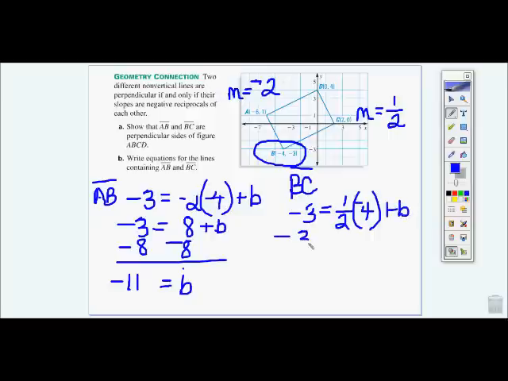Let's simplify. -3 equals half of -4, which is -2, plus b. Add 2 to both sides, and I get -1 equals b.